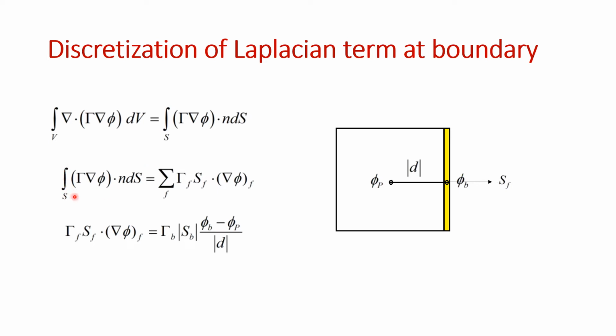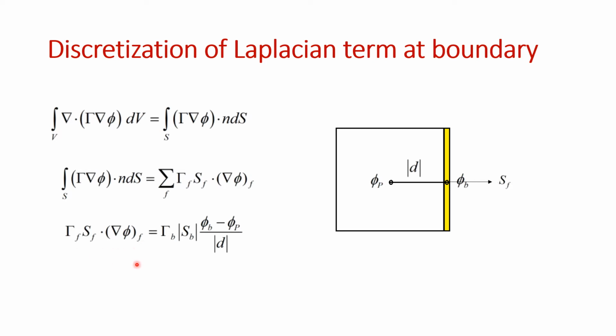But can we write it as a sigma? Yes, because integration means the summation of all the small faces, so we sum it over the entire face. Taking all those small faces into consideration, we can write it in this form: sum of gamma f Sf dot grad phi f. This is the general expression, but right now we are considering it at the boundary, because we need to give the zero gradient boundary condition.